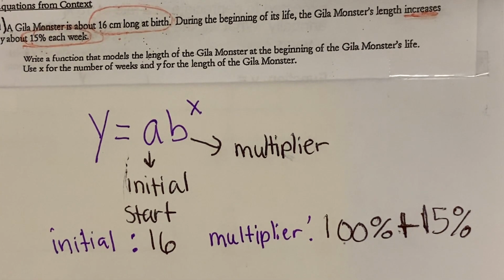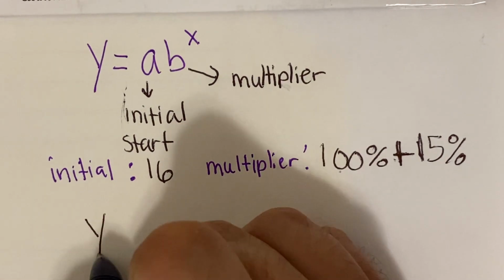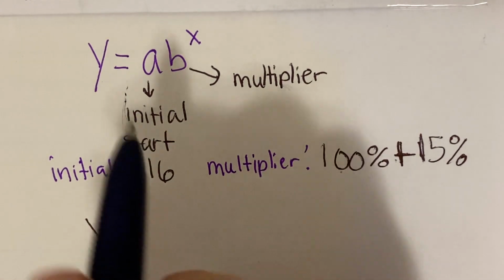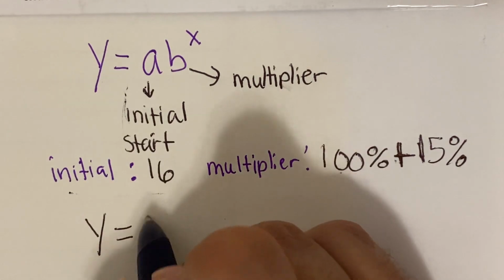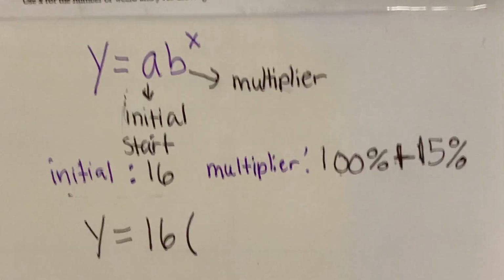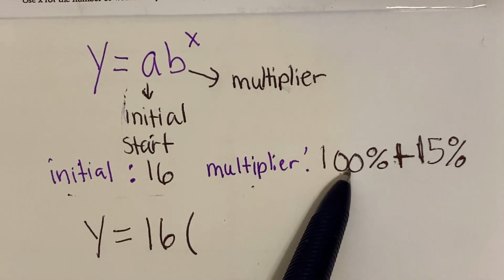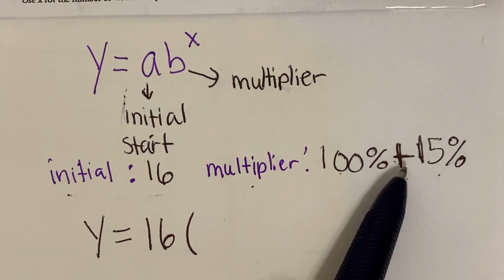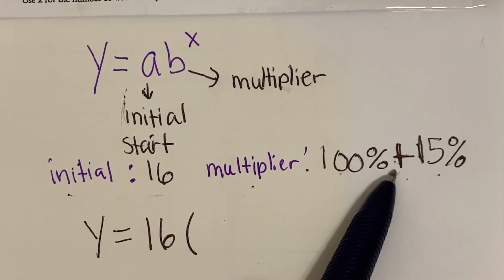Okay, so let's go ahead and start writing our equation. The word problem is going to go away, and it's going to be y equals, okay, and then a, our initial value, is 16, and then I open parentheses. Our multiplier is going to be, again, 100% plus 15%, and it's plus because it is increasing according to our word problem.